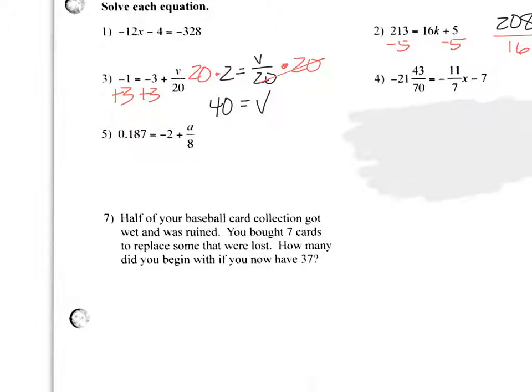Okay, so still doing the same thing, although we have some fractions here and different things. So the first thing I want to do, I want to add 7. Now, if I add 7 to negative 21, that gives me negative 14. And then I keep 43 over 70.